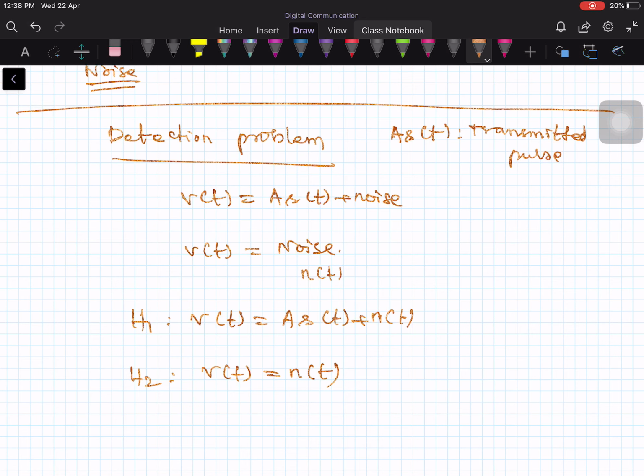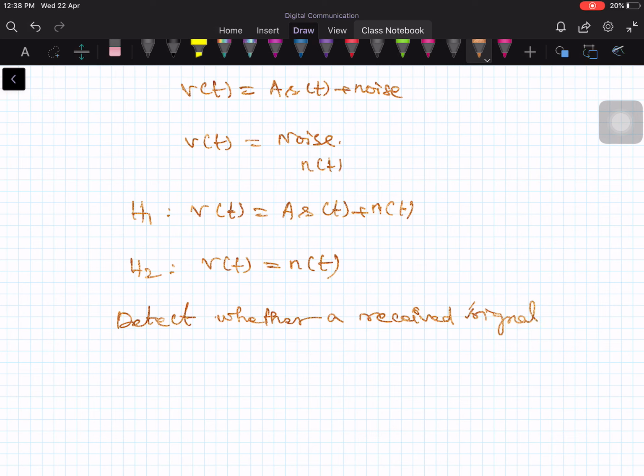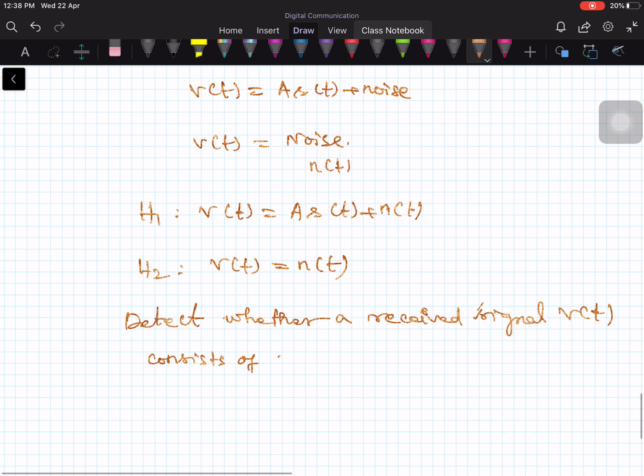So let me write this down in words. Detect whether a received signal V of t consists of a pulse in noise or noise alone.